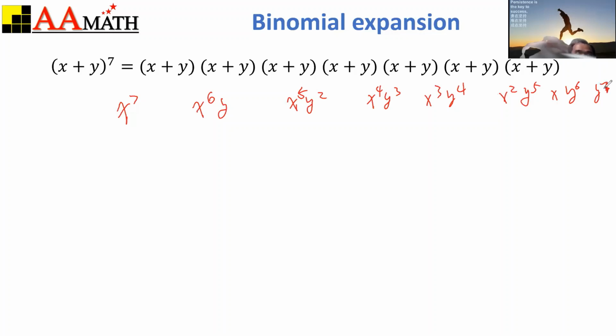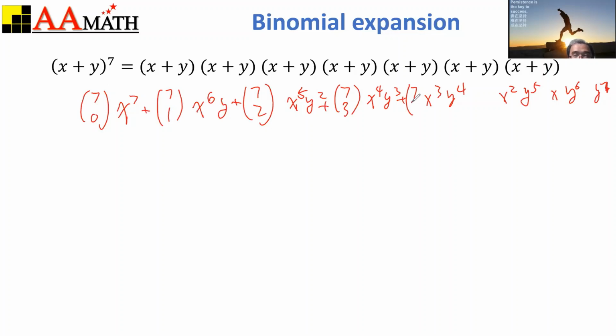Sorry, the last one is y^7. So this one basically is 7 choose 0, we don't have y. Plus 7 choose 1, 1 y. Plus 7 choose 2, y squared. Plus 7 choose 3. Plus 7 choose 4. Plus 7 choose 5. Plus 7 choose 6. Plus 7 choose 7.